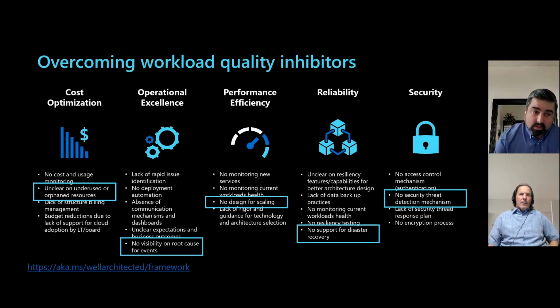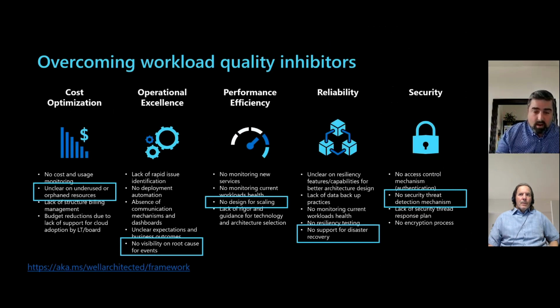And a lot of times there's a lot of resources and tools that the customer has at their fingertips to be able to actually see that level of visibility. And these are things that a good partner can help you to set up. And then of course the performance, efficiency, and reliability, scaling and disaster recovery go hand in hand often.